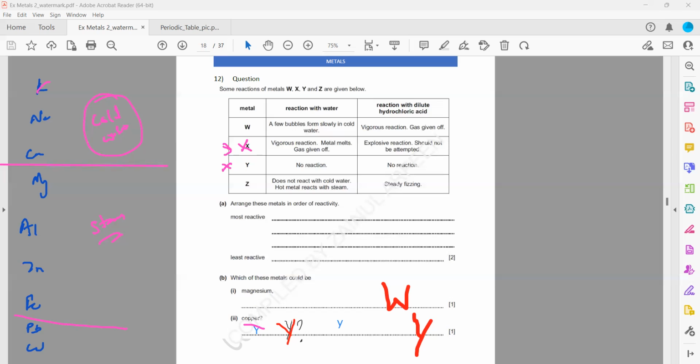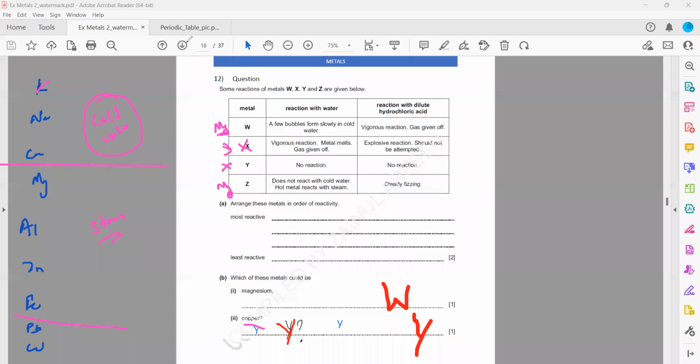Potassium, sodium, and calcium can all react with cold water, while magnesium can react with only a very small amount. But when you check the reactivity here, W might be magnesium, or Z can be magnesium, according to the first column.